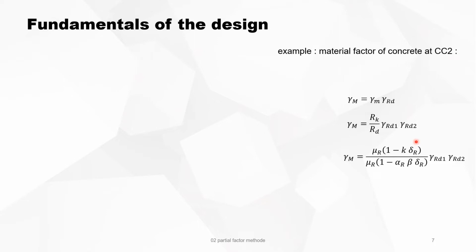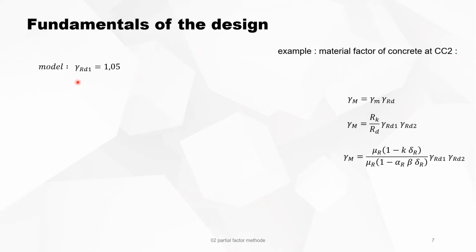So here we take the 95% exceedance, so the K value will be 1.64. And the design value of the resistance is the same thing, except that on the standard deviation we have to multiply with the reliability index beta.